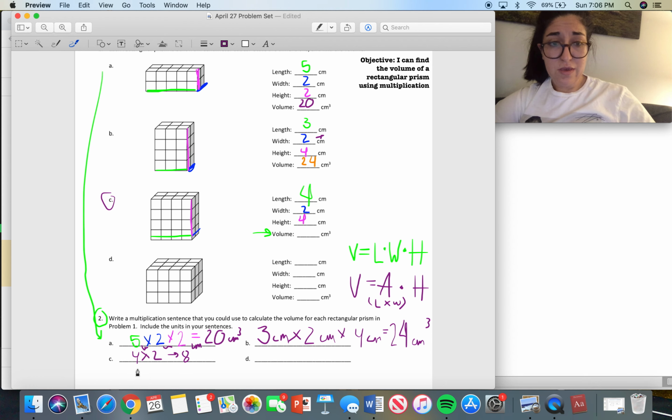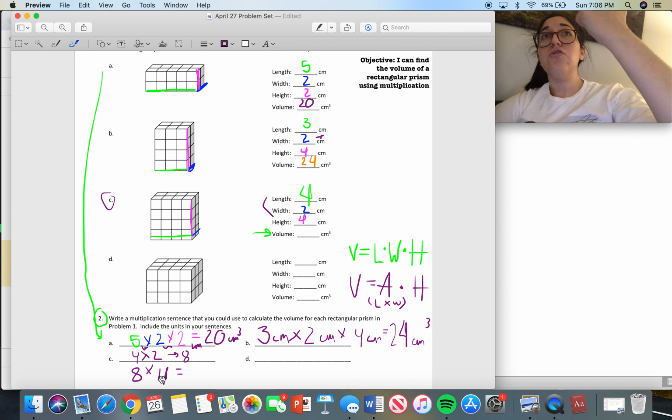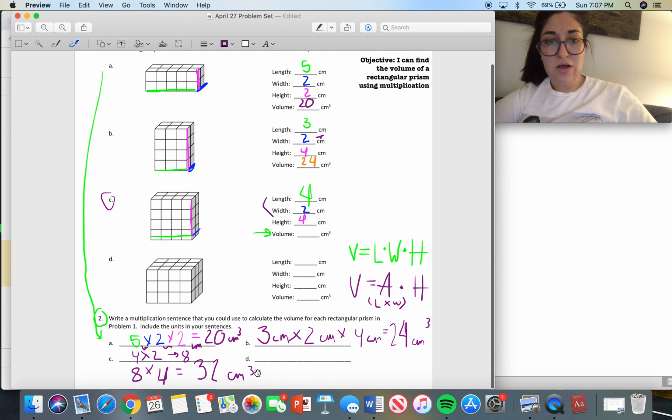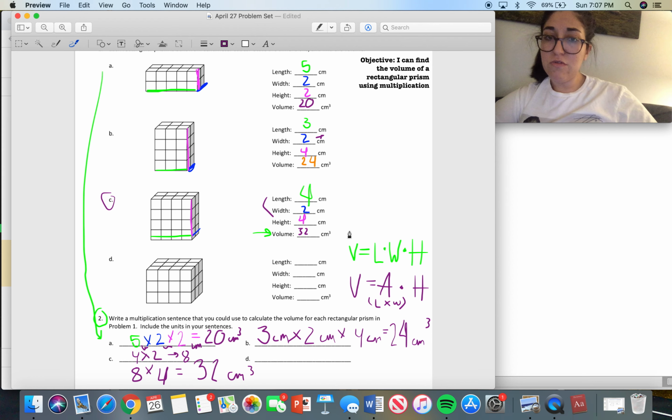So here, it would then be 8, the area of length times width, times what's left over, which is height, and that would be 8 times 4, which is 8, 16, 24, 32, so 32 cm cubed. And that is how I would find that answer. I said I would go back to the practice one, and I did. So at the very end, I hope you got 32 centimeters cubed.